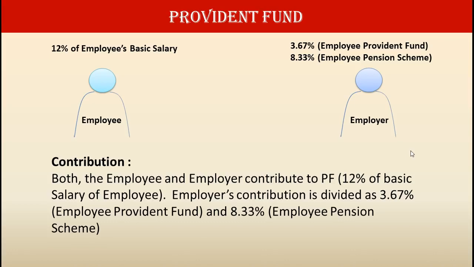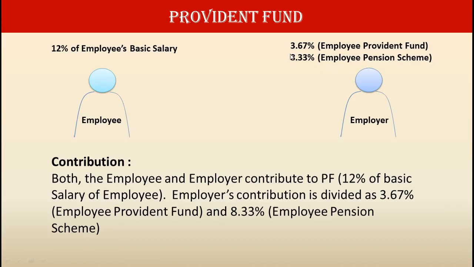The same amount, 12%, is also contributed from the employer side, but there's a slight difference over here. That 12% is divided into two parts: 3.67% goes to the employee provident fund, and 8.33% goes to the employee pension scheme.